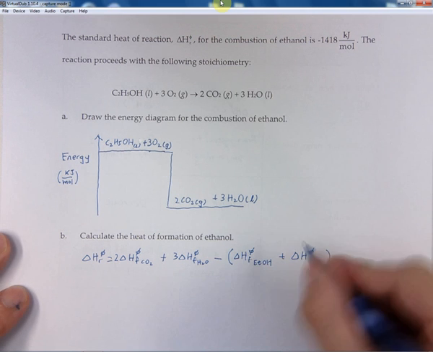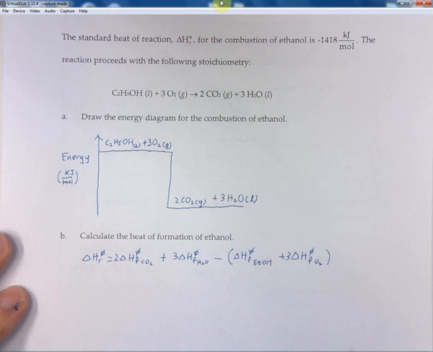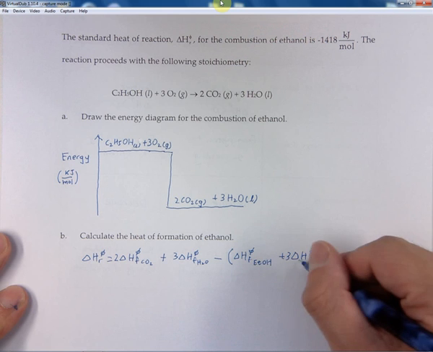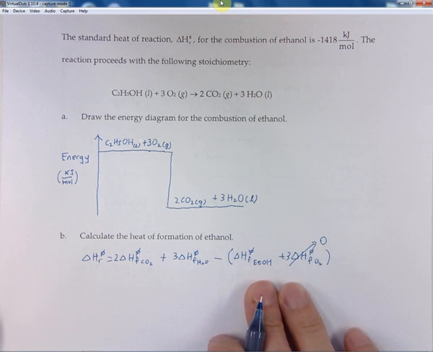As mentioned previously, the heat of formation of oxygen, which is an element, should be 0. So you are only left with the heat of formation of ethanol.